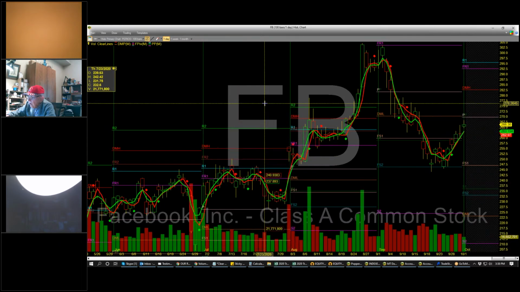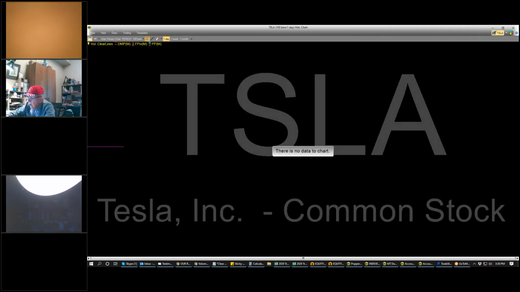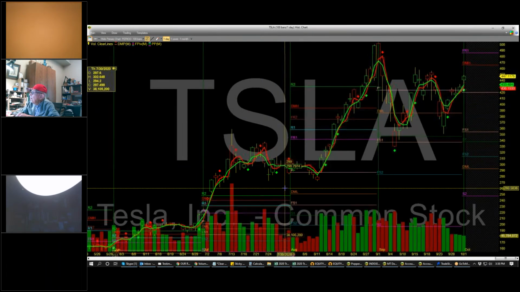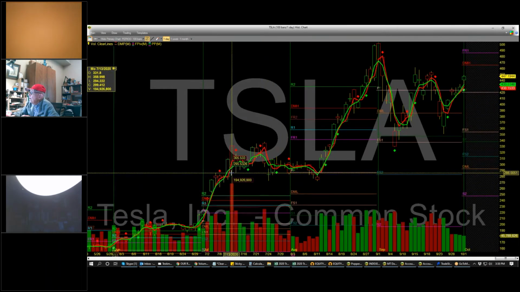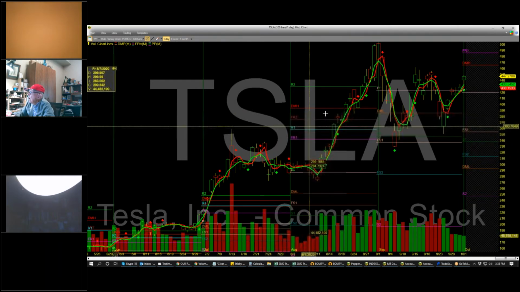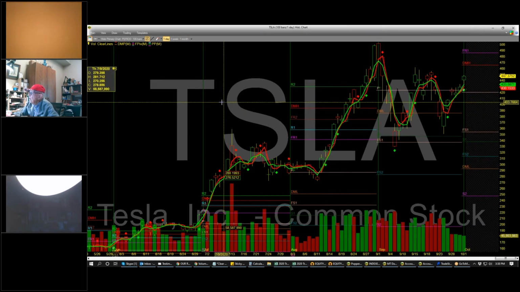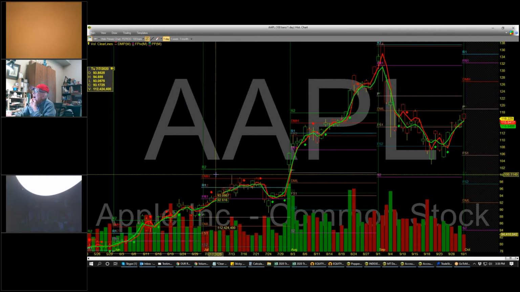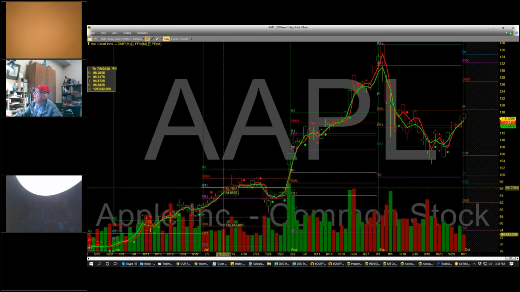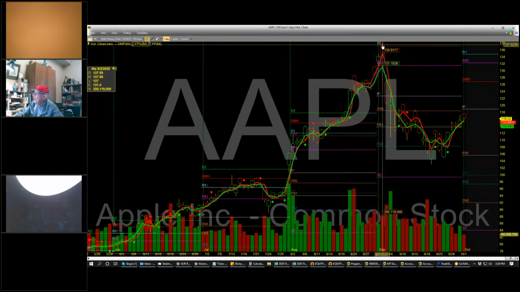So what's another? Let's look at Tesla. Let's look at Apple. So here, Apple, look where that reversal was, right up here.